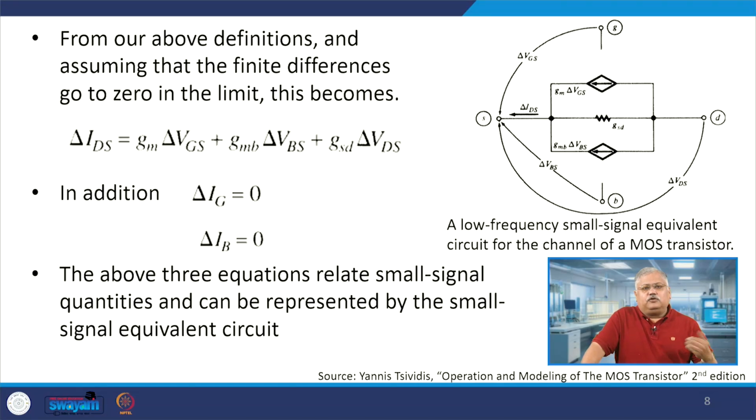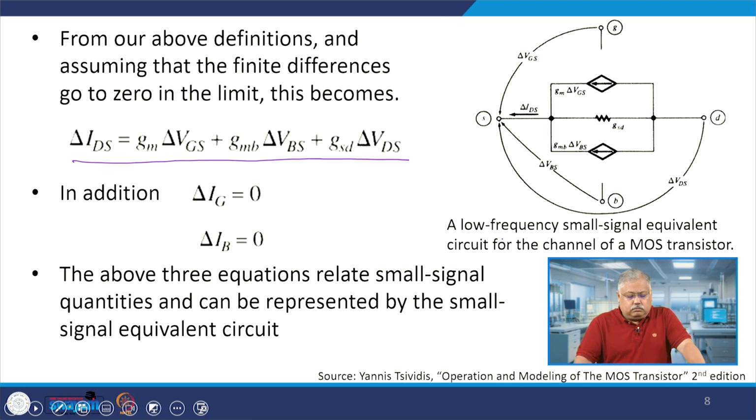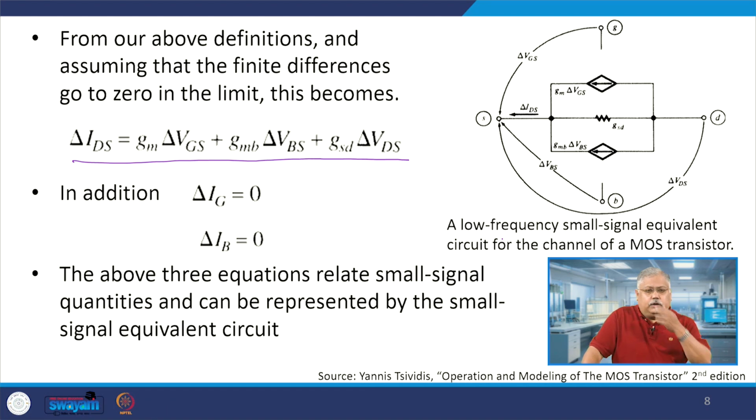Now if I assume that the finite differences go to 0 in the limit, then I get del IDS equals gm times del VGS, gmb times del VBS, gsd times del VDS, and this will give me a value of del IDS. Over and above, we also take into consideration the value of del IG and del IB to be equal to 0, which I have already discussed with you earlier.